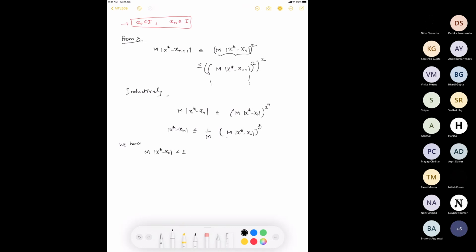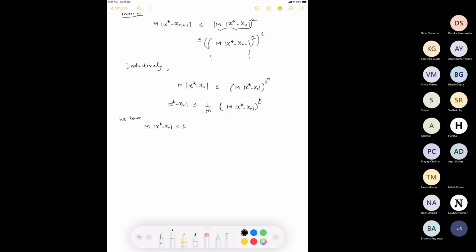What will happen as n tends to infinity? When n tends to infinity, this term will go to 0. So xn will go to x star as n goes to infinity. So that is, we have the convergence of this iterative sequence to the actual root x star.